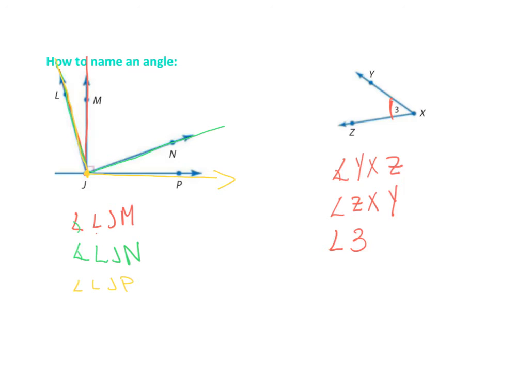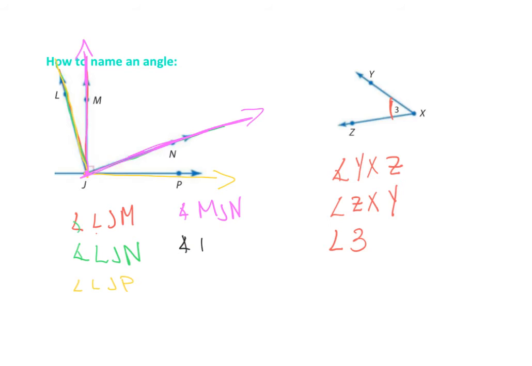I could also be talking about angle MJN. So MJN would be this purple angle. And MJP.